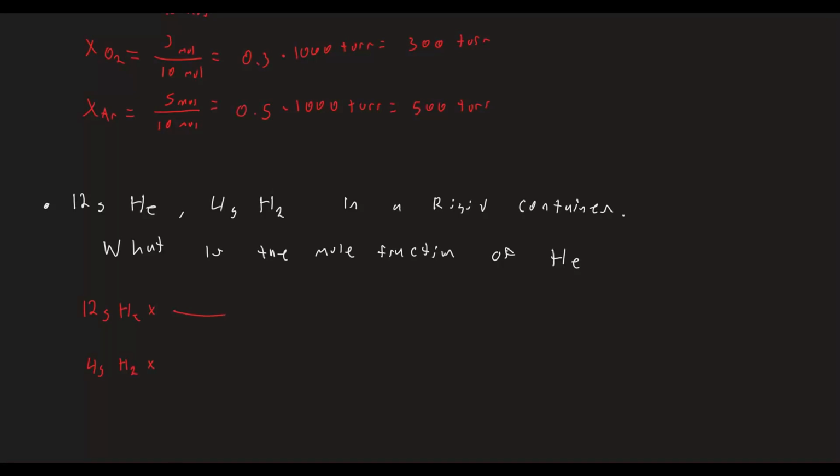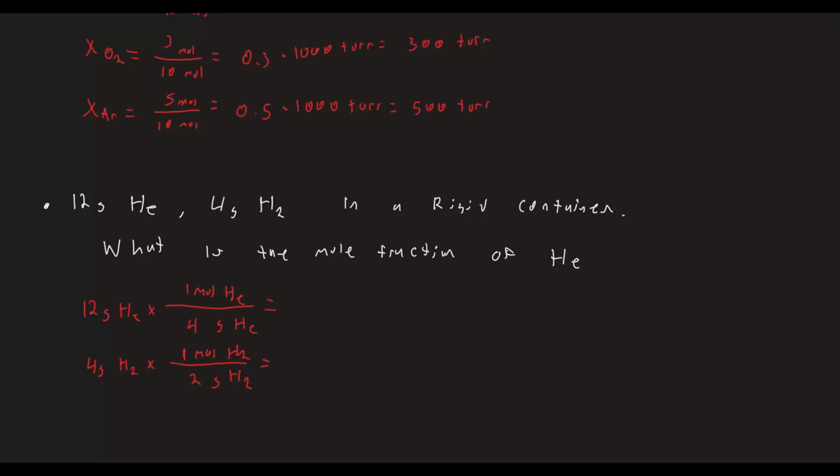We know that we have a molar mass of each of these. For 1 mole of He, we have 4 grams of He. And for 1 mole of H2, we have 2 grams of H2.